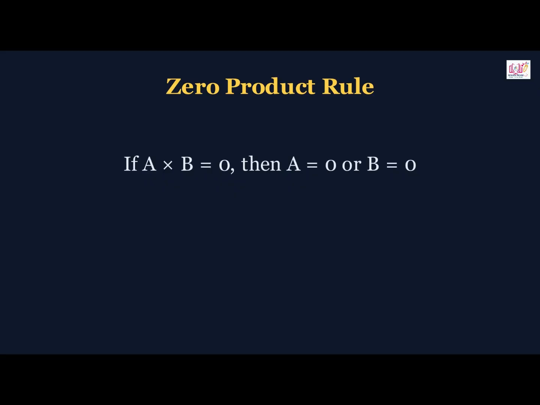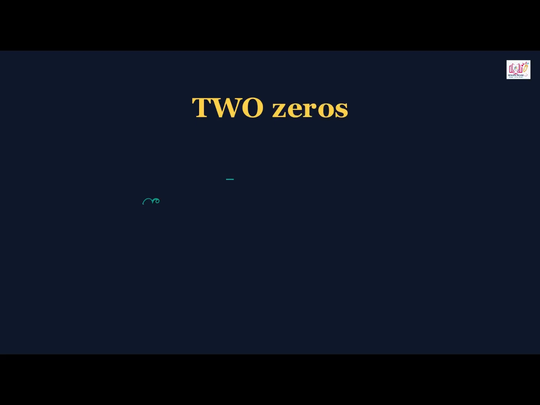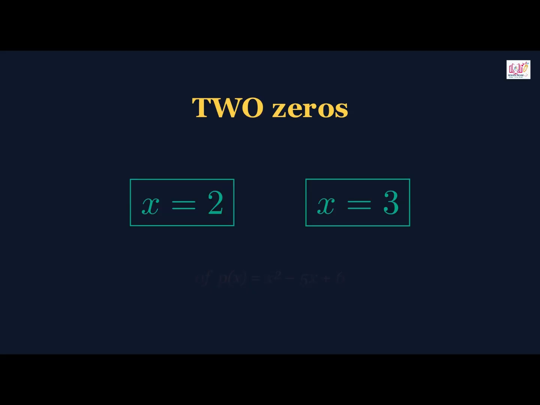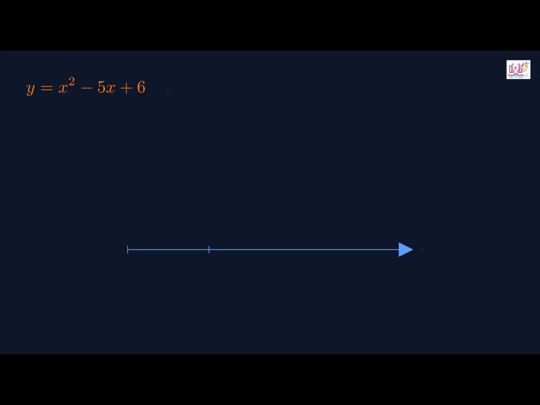So we can write this as x minus 2 times x minus 3 equals 0. Now the rule of zero product. If two things multiplied together give 0, then at least one of them must be 0. So either x minus 2 is 0, which gives x equals 2. Or x minus 3 is 0, which gives x equals 3. This polynomial has two zeros. x equals 2 and x equals 3.